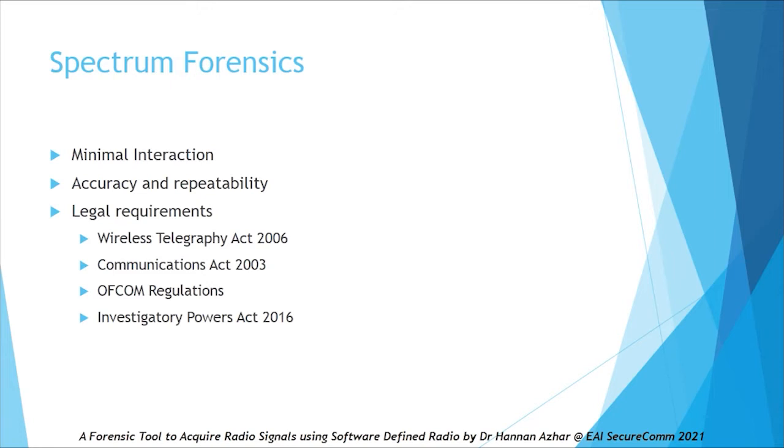For example, the Wireless Telegraphy Act and the Communications Act govern radio use within the United Kingdom. Ofcom is the governing body. They do the spectrum management in the United Kingdom, and their regulations tell you exactly what you can do and what you cannot do, and whether you need a license or not.